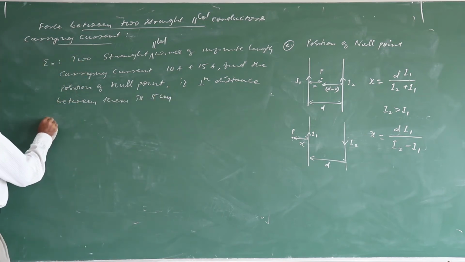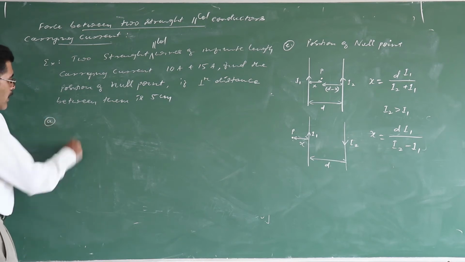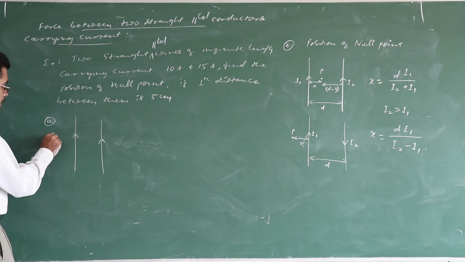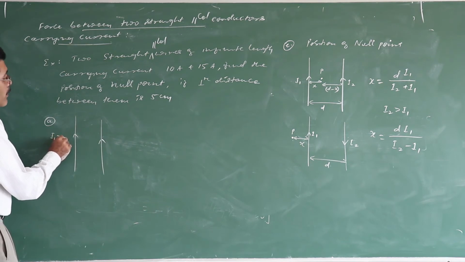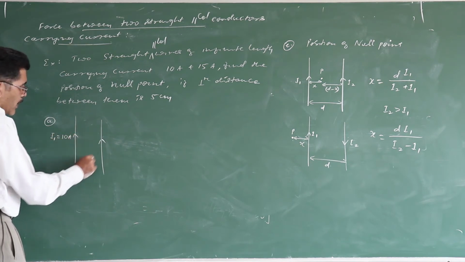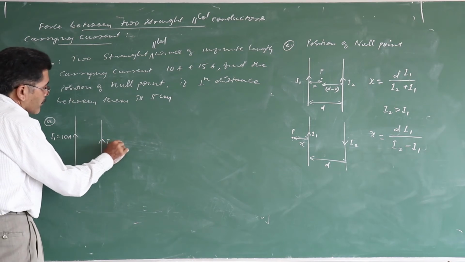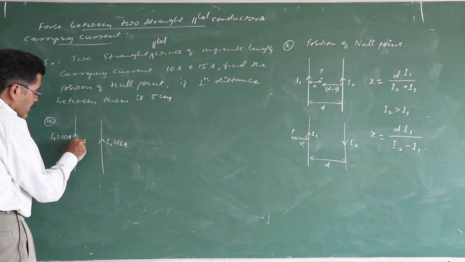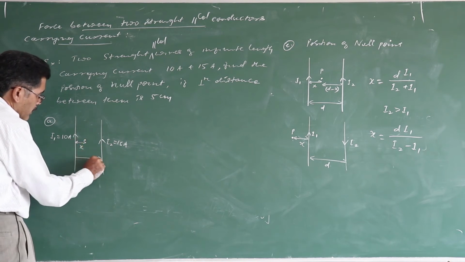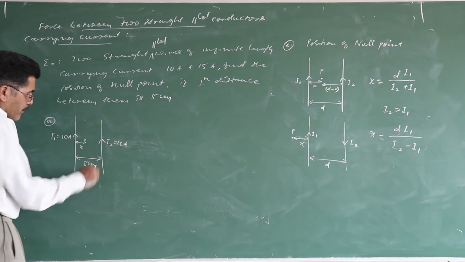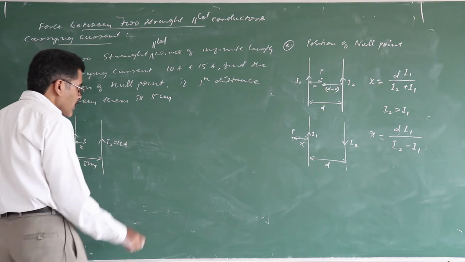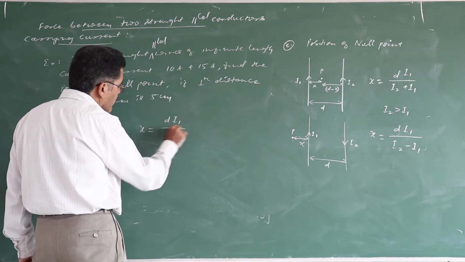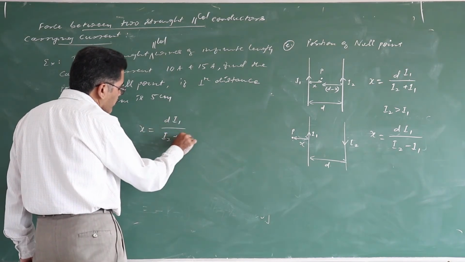Now let me take the case wherein current is flowing in the same direction. I1 is 10 ampere, I2 is 15 ampere. Null point always lies in between them. This is x and the distance here is 5 centimeter. Therefore, the position of null point: x is equal to d into I1 by I2 plus I1.